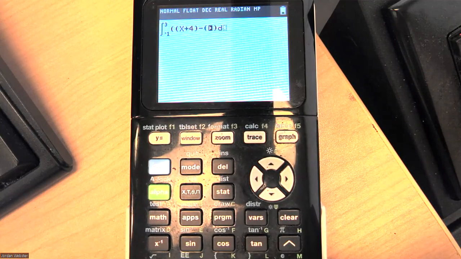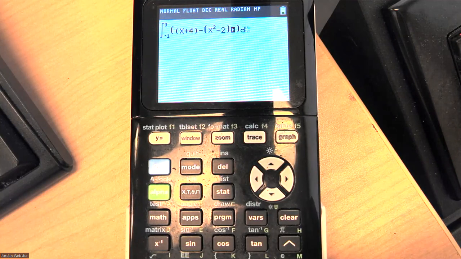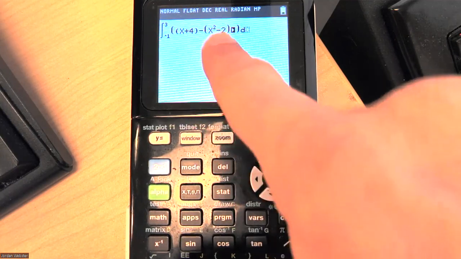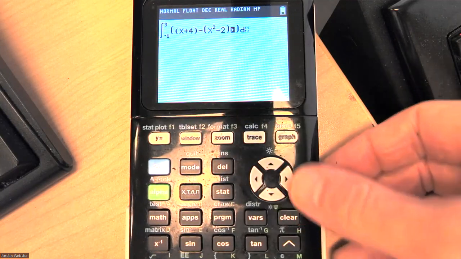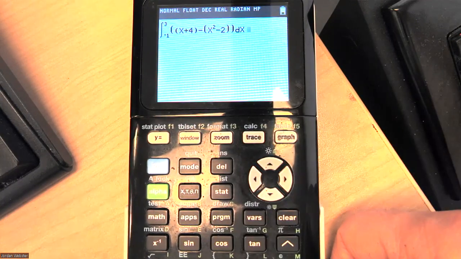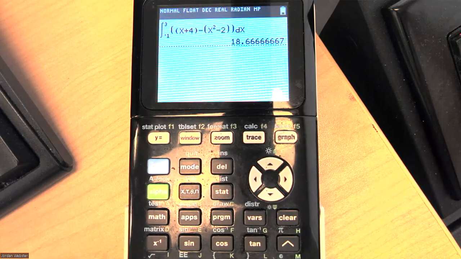X plus 4 minus, when you do your minus, x squared minus 2, make sure the entire x squared minus 2 is inside parentheses, because we have to distribute that negative sign, right? And then we're integrating with respect to x. Hit enter, and sure enough, you get the 18.67. Or 18 2/3 that we got earlier.